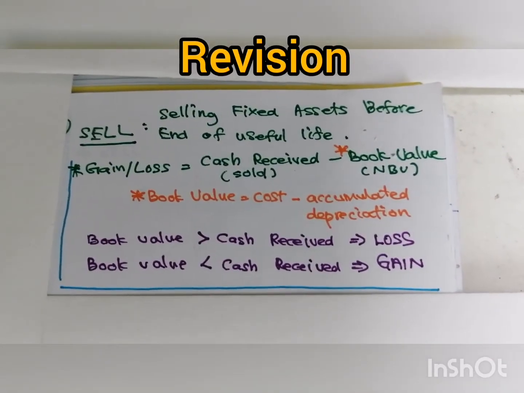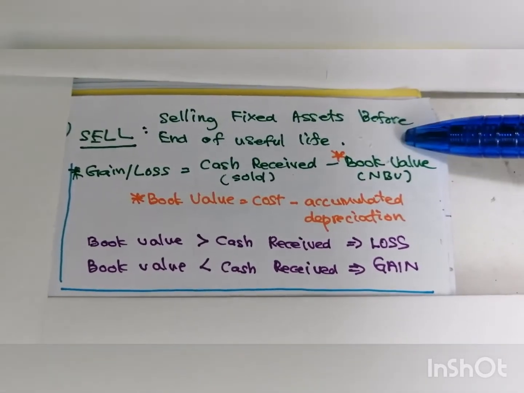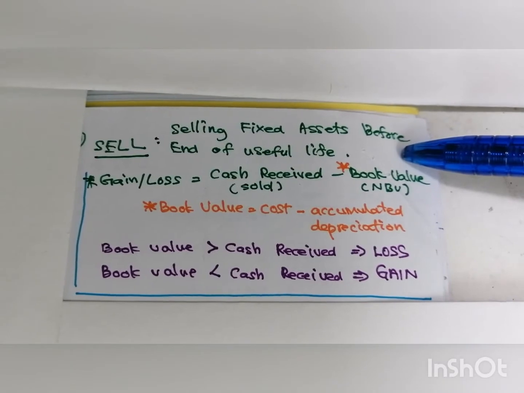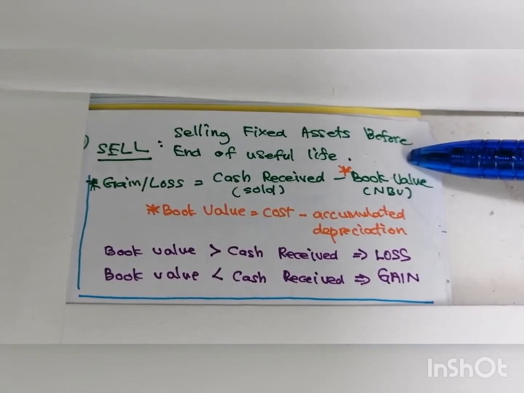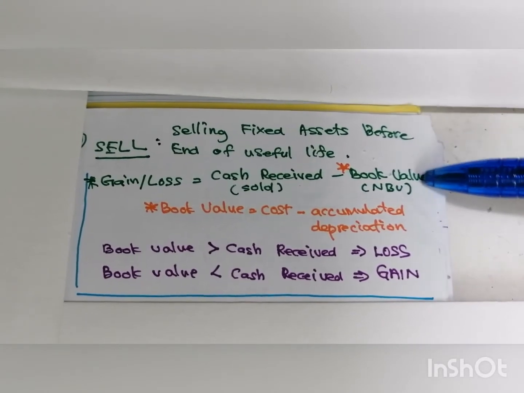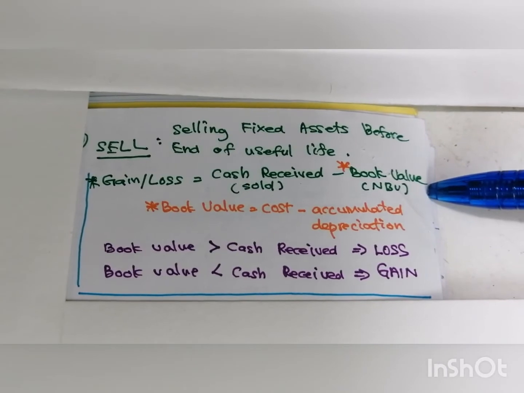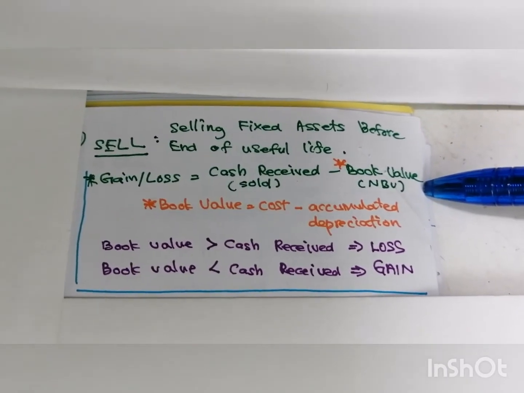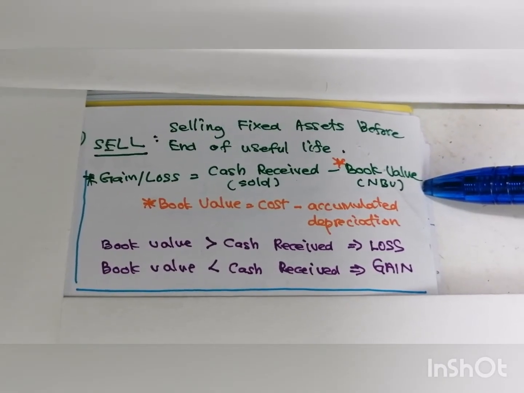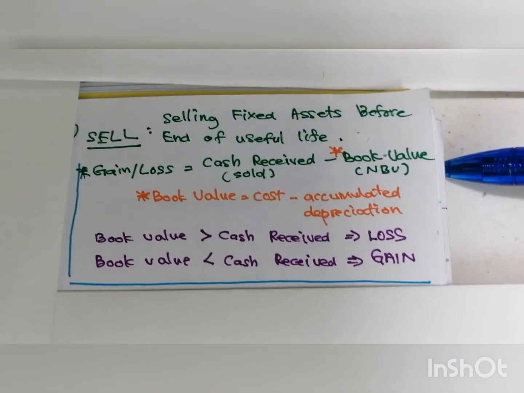Before we calculate example 7, let's do some revisions. Sell means selling fixed asset before end of useful life of the asset. Gain or loss upon selling the asset is equal to cash received minus book value or net book value.